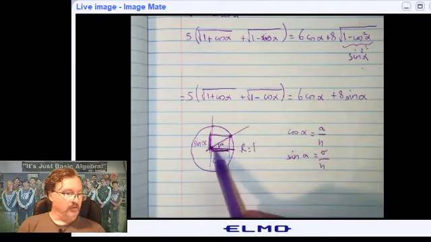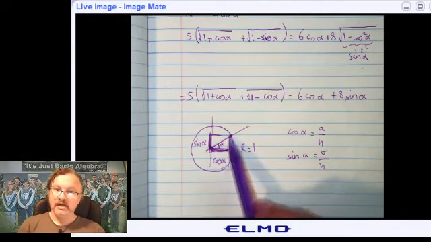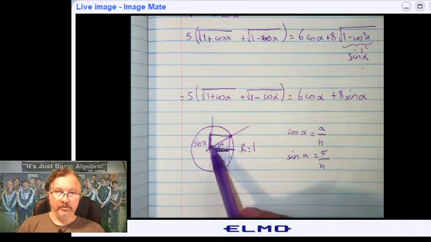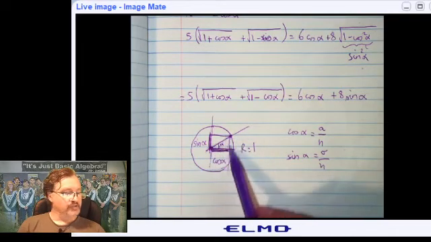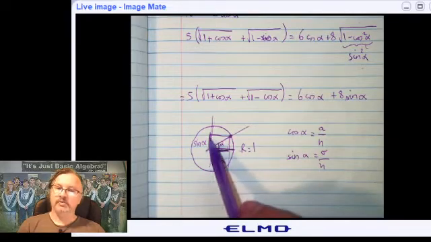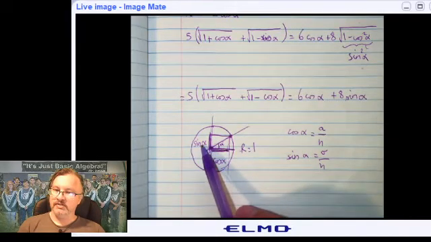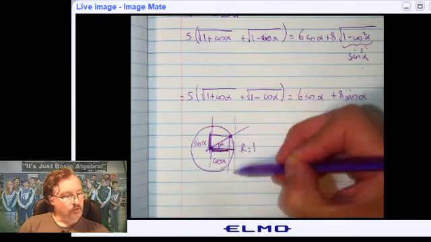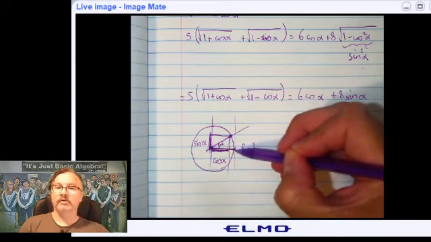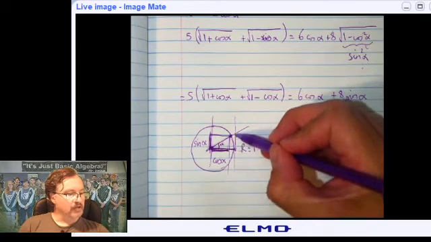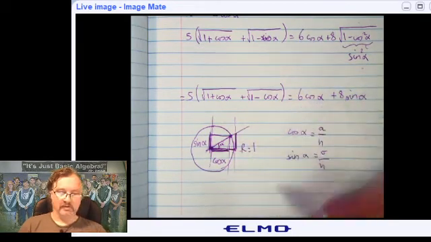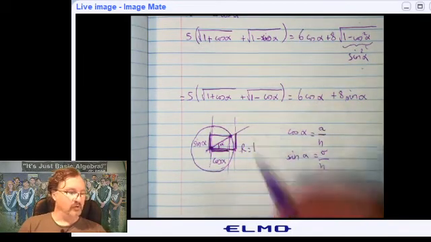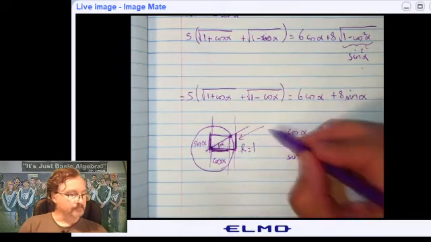Okay? In this triangle, this is the opposite side. This is still the hypotenuse, equal to 1. But the opposite side right here is equal to this side right here, so we can say that this is sine alpha. Okay? And if I draw the line tangent to the circle at the point of coordinate 1, 0, then this height right here is going to be equal to tangent alpha.